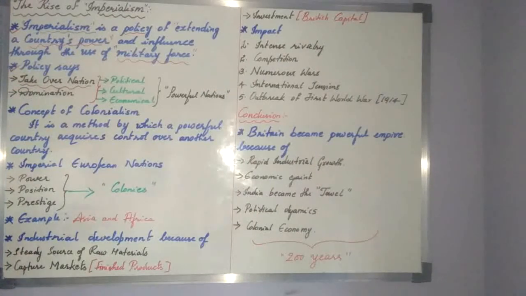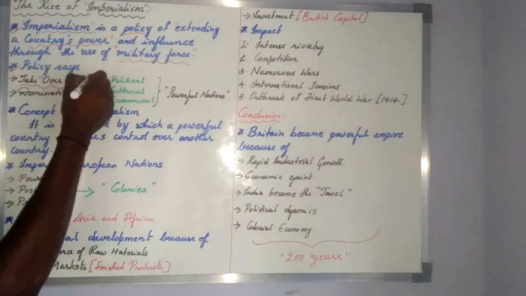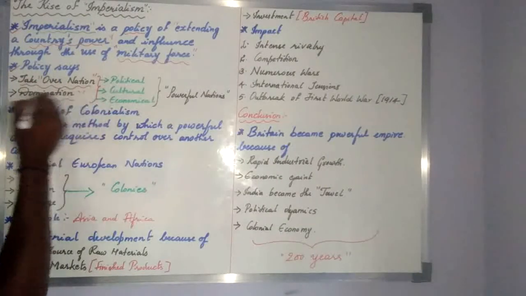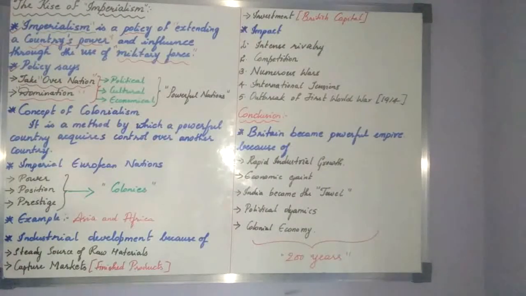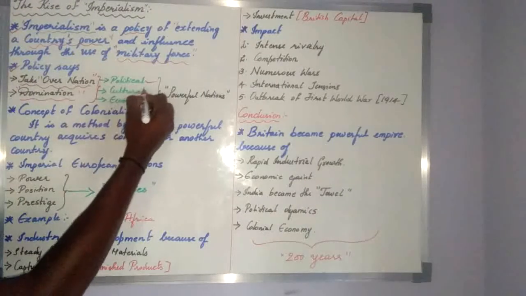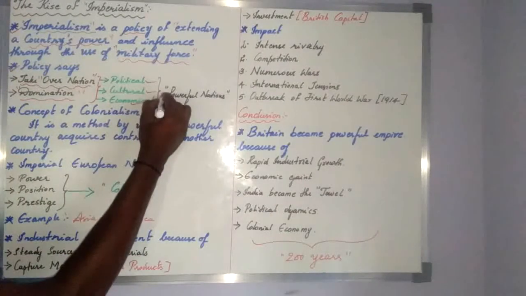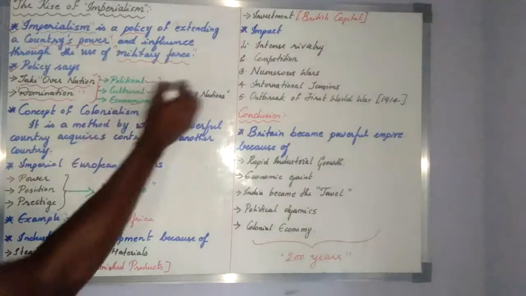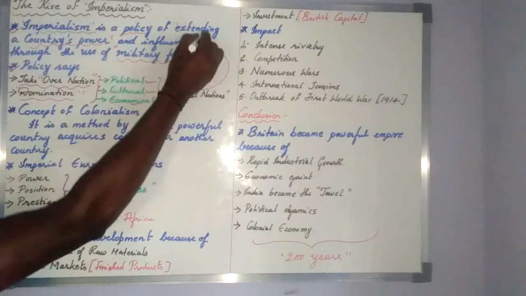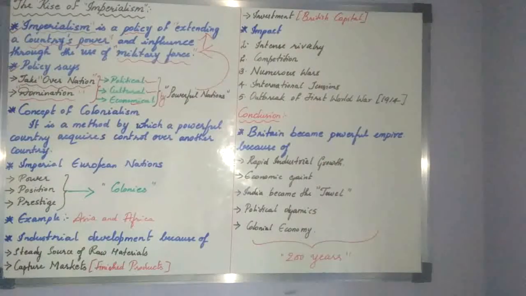You don't belong to that nation or that place, but you are taking that place, taking over the nation, and you are doing domination. Taking over the nation and doing domination in politics, culture, and economy by powerful nations, it's nothing but imperialism. So that's how you are going to extend your country's power.